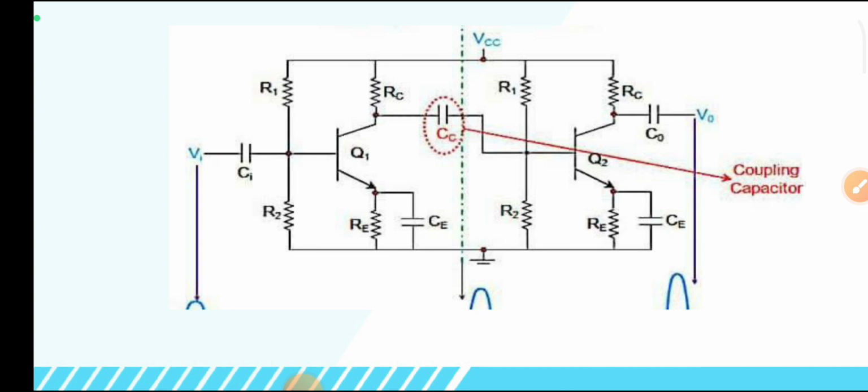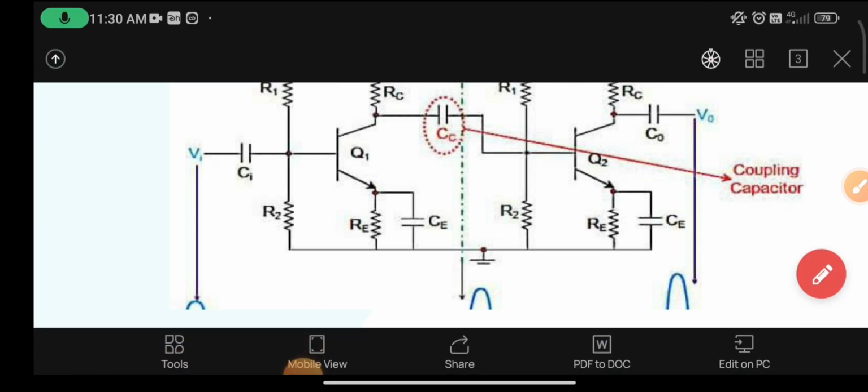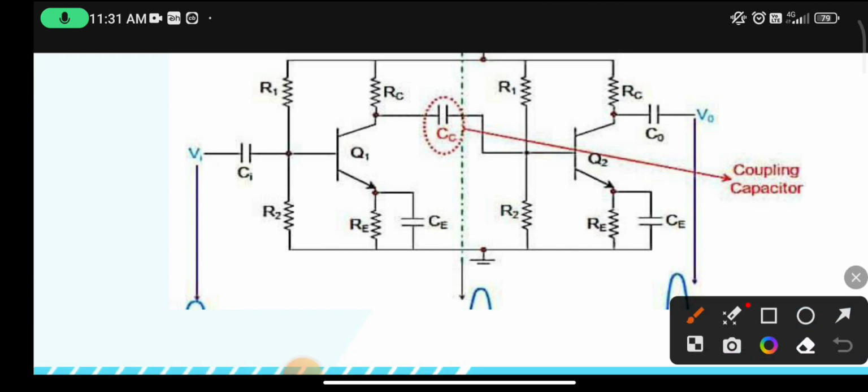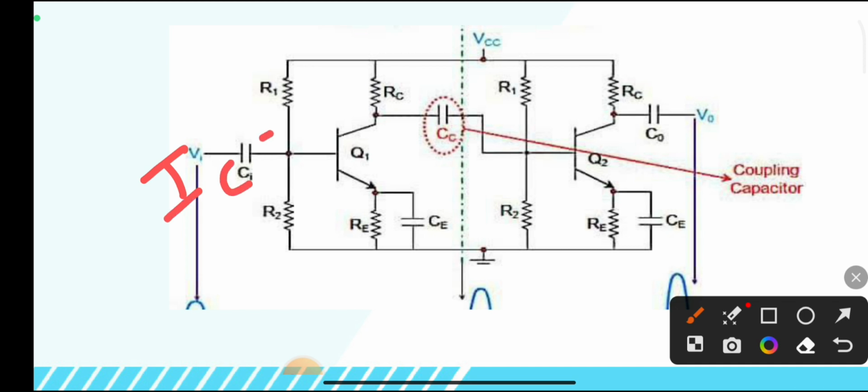Here I am talking about the absence of coupling capacitors. In that case, the DC signal also passes from the first stage to the second stage. When the DC signal passes from one stage to another, the IB of the second stage increases. When IB increases, IC also increases due to the relation IC is equal to beta times IB.